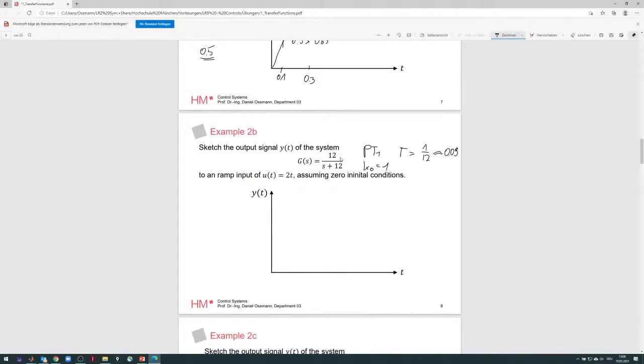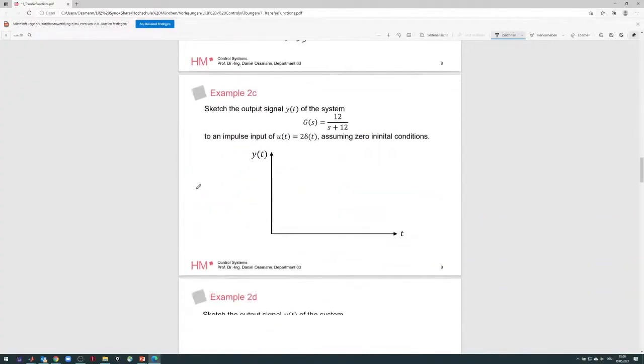So if your input is 2t and you multiply this in steady state with a gain of 1, it also should increase with a slope of 2. I don't get the word at the moment. However, it's delayed, right? It's again a T1 system, so it needs to have some lag here. And if you look at the integrating first order system, you see that this is about 0.09 seconds here.